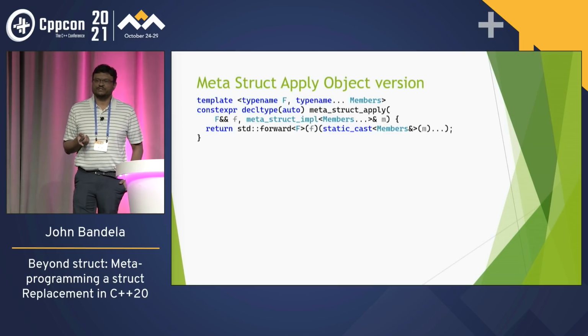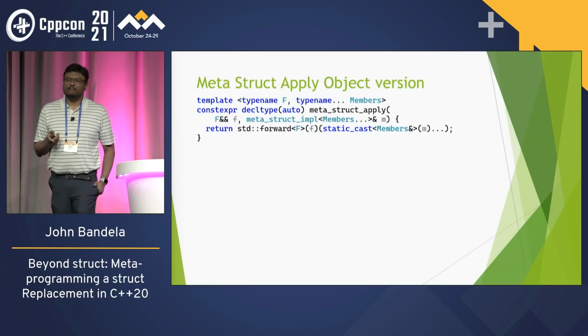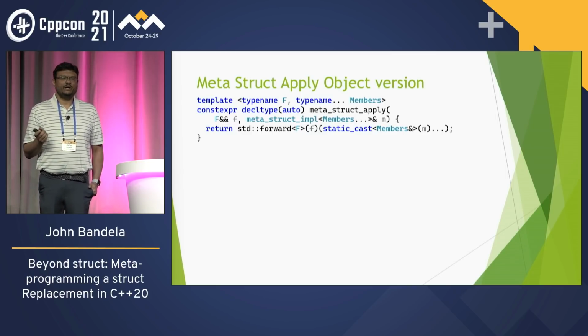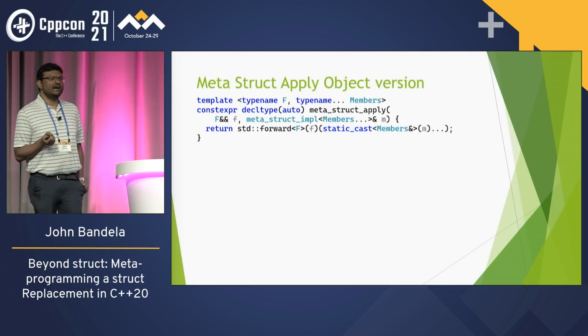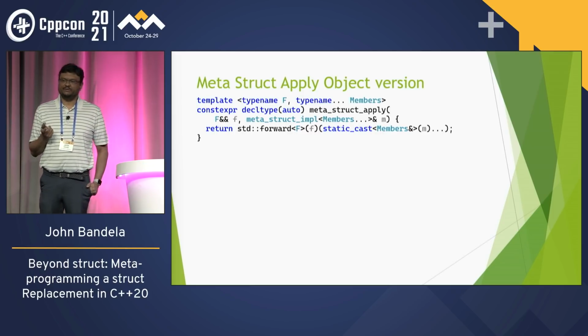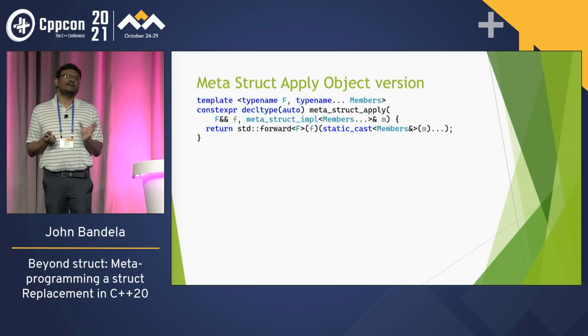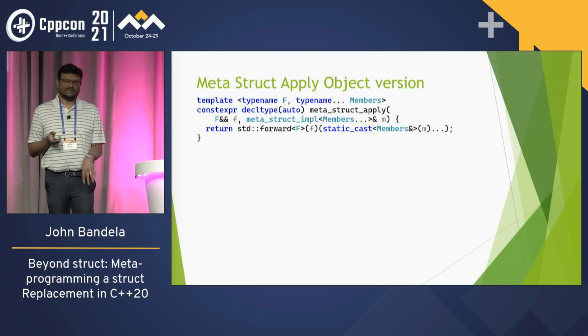For the object version, we can take a metastruct impl, which has all the members in it. We know the types of the members, and we just static cast to the base object members, the structure that was passed in, and then we've got a reference to each of the members that we passed to the lambda.